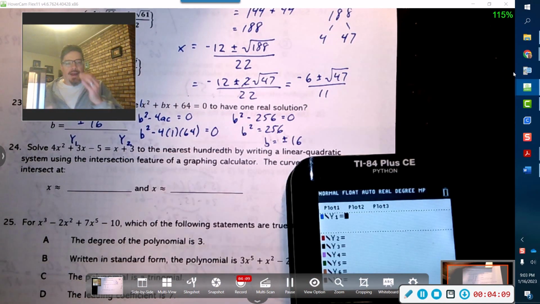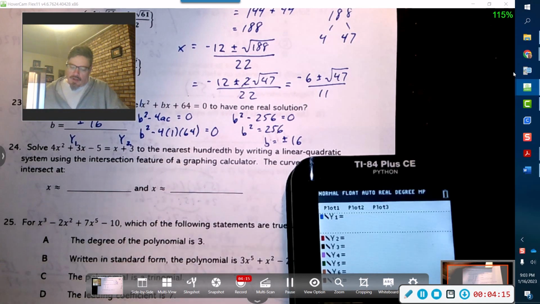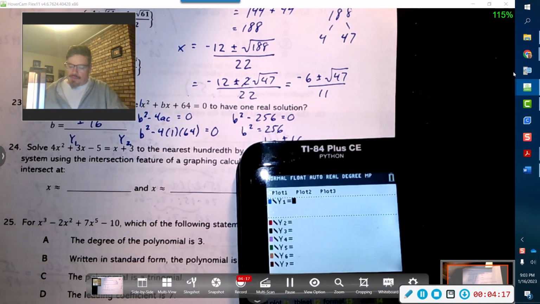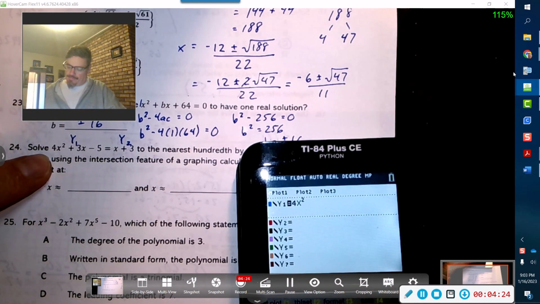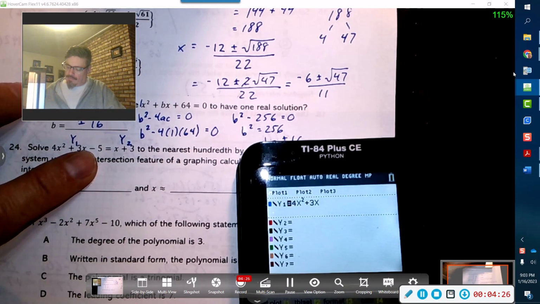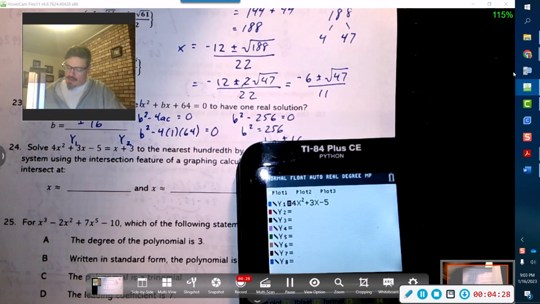I want to know where they intersect. Where they intersect is the solution. So I'm going to type that in. Y1 is going to be 4x squared plus 3x minus 5. That's y1. And then x plus 3.